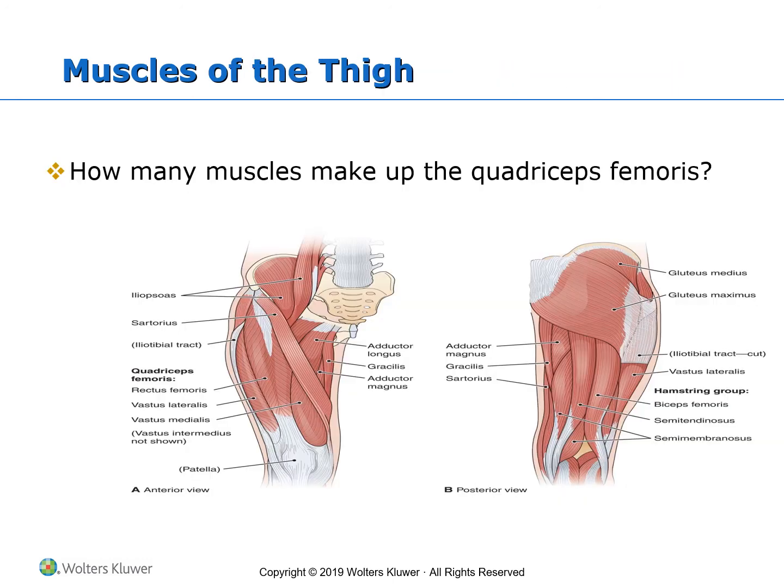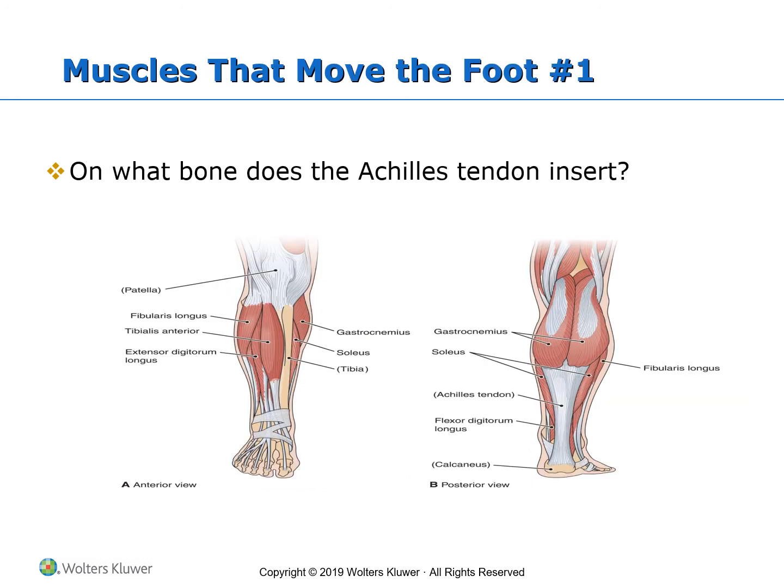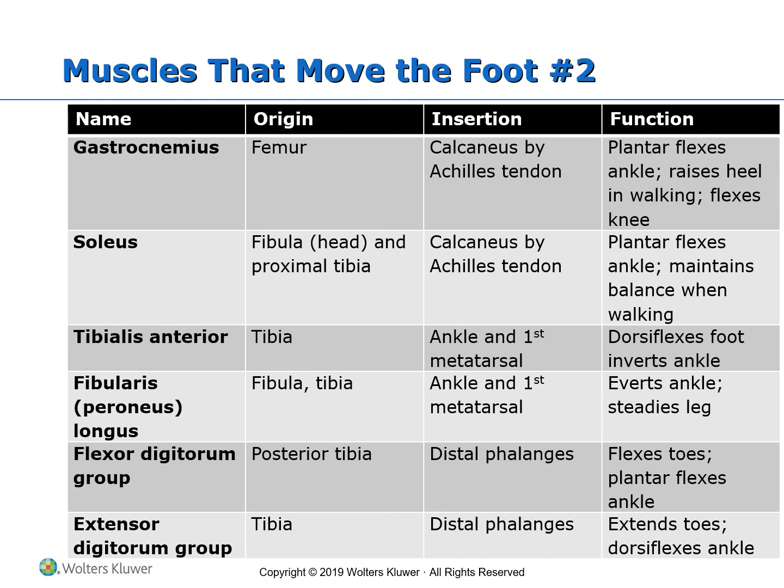A detail in the muscles of the thigh, both anterior and posterior view. Muscles of the foot, anterior and posterior view. Muscles that move the foot, detailing origin, insertion, and function.